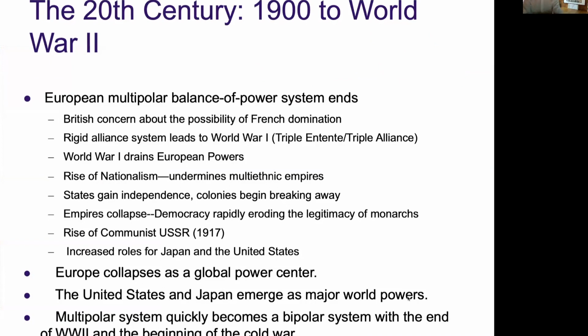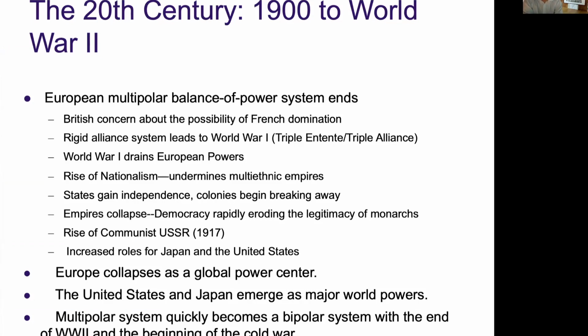If we look at the time period in the beginning of the last century, between roughly 1900 and the beginning of the Second World War, so the first 35 to 40 years, we can see this as the end of the European multipolar system of power balance. What do we mean by a multipolar system?